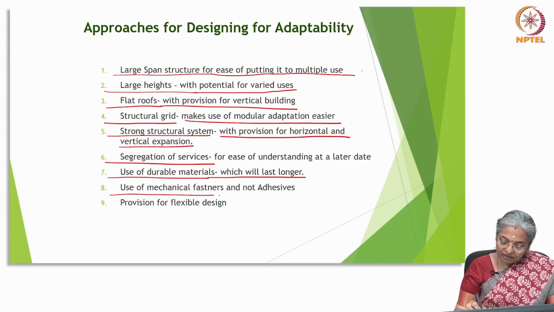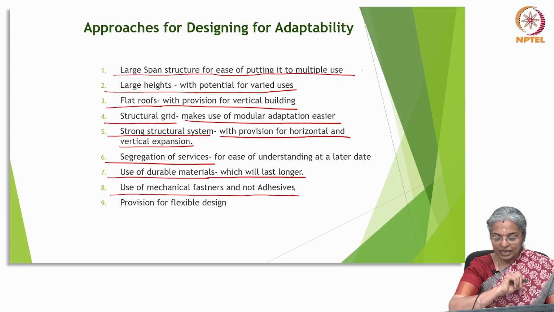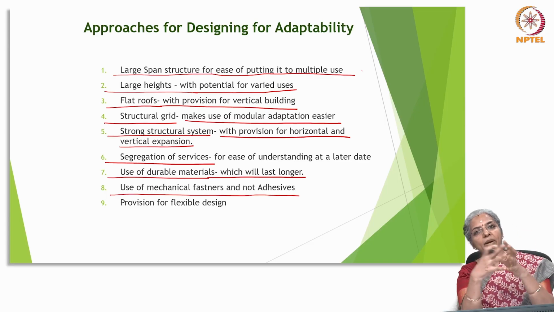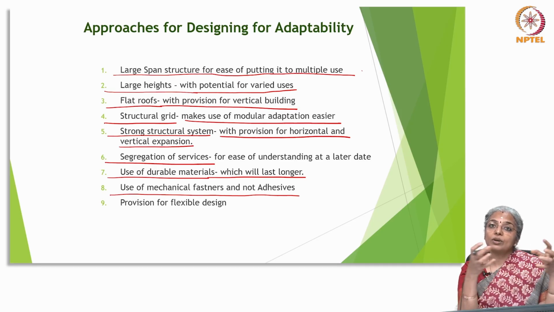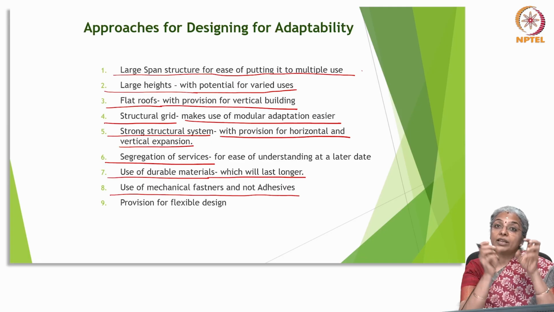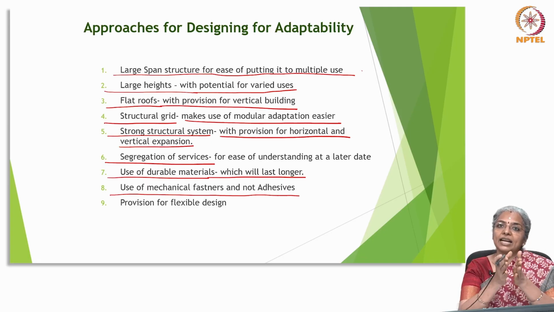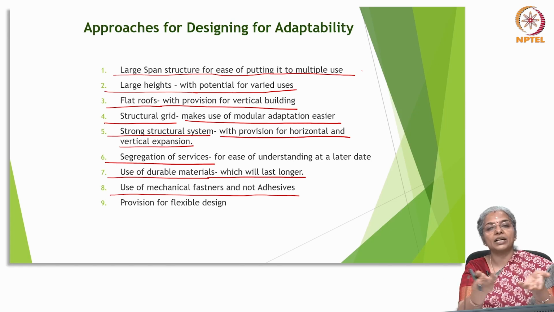Use mechanical fasteners and don't use adhesives. If you start pasting elements, then it is difficult to detach them without any damage. You can detach them, but there will be damage, and then the whole purpose of design for adaptability, resource conservation, and building material conservation will go to waste.